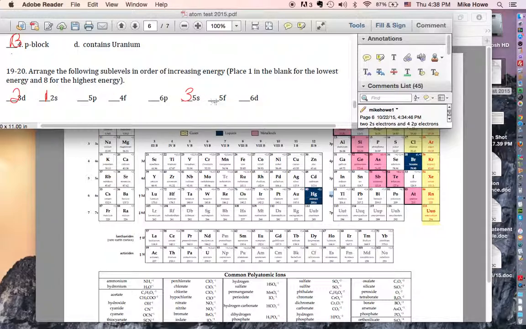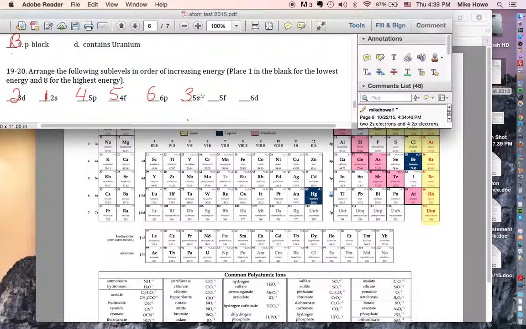Then after 5s is 4d. So write 4d. Don't see any 4d. And then there's a 5p. I do see a 5p. So 5p is the fourth one. Then after 5p comes 6s. There is no 6s listed there, but here it is down here. And after 6s comes 4f, and 4f is listed. So that'd be a 5 up here. After 4f it comes back up to 5d. No, 5d is not listed. After 5d is 6p. 6p is listed. So that's our 6th.